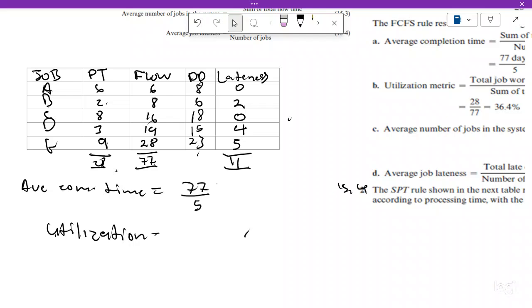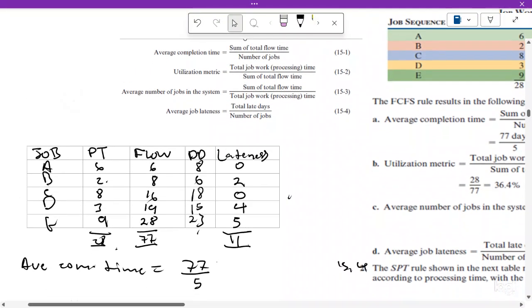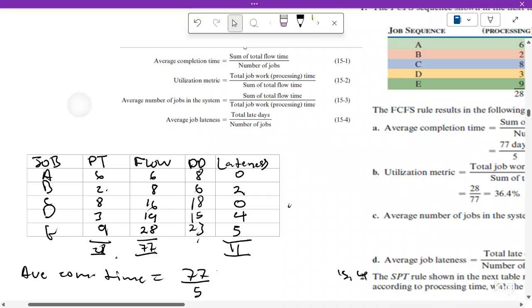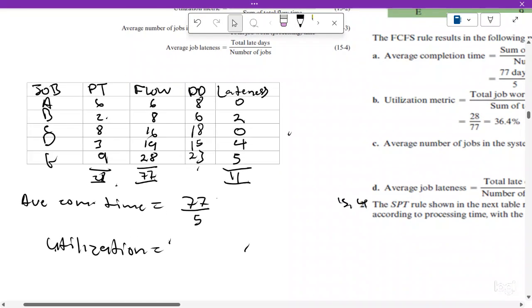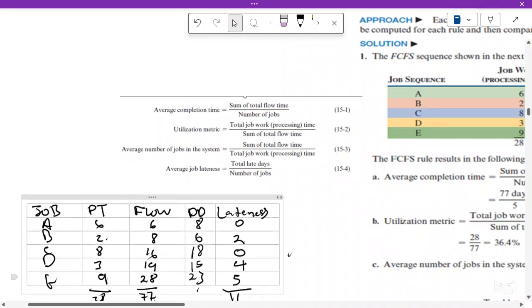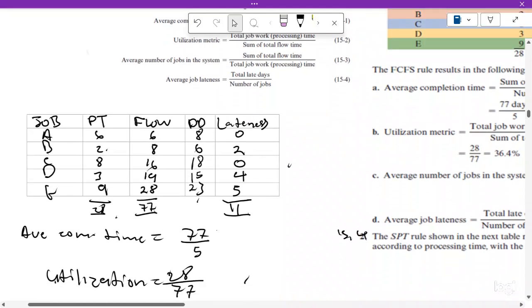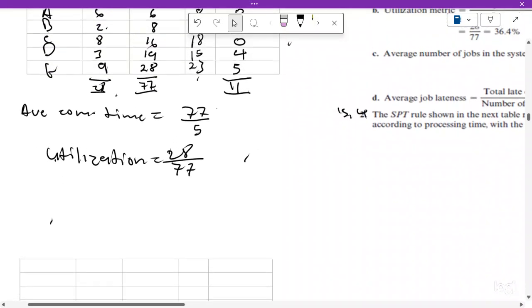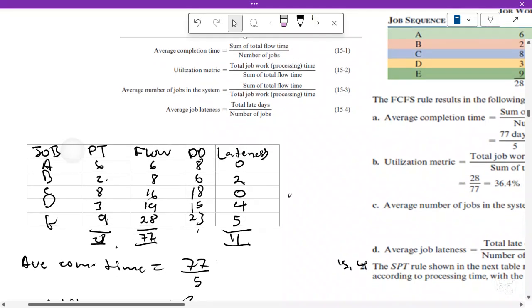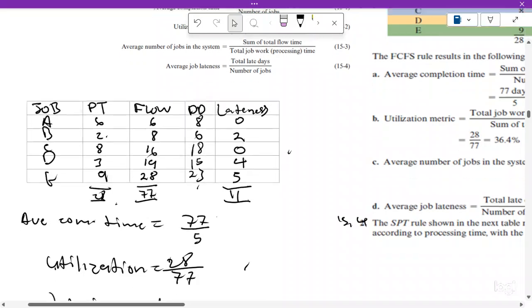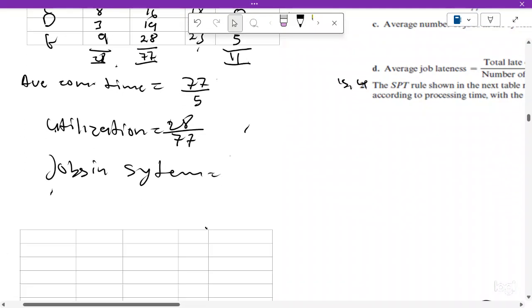Then utilization equals total job work processing time, which is 28 over sum of total flow, 28 over 77. Then average number of jobs in the system, which is sum of the flow 77 over, so we flip it now, 77 over 28.